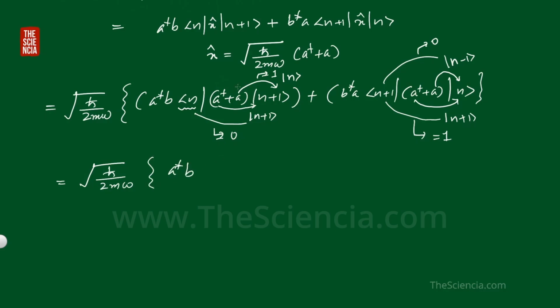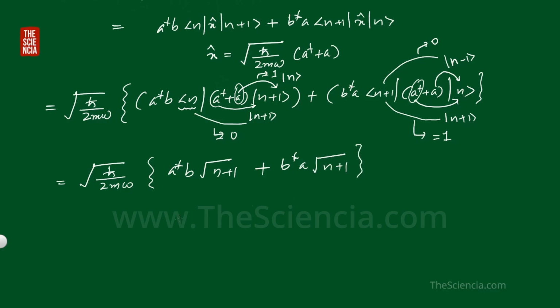Here this operator, that is the annihilation operator, gives an eigenvalue root n plus 1, right, plus b star a, and here this operator, that is the creation operator, gives an eigenvalue root n plus 1.